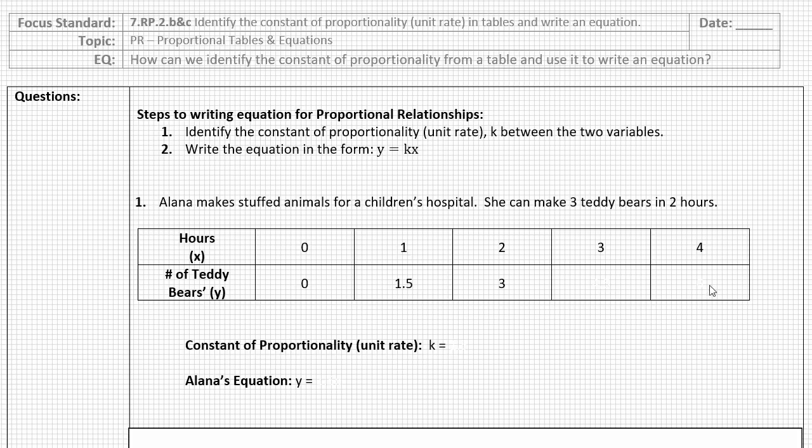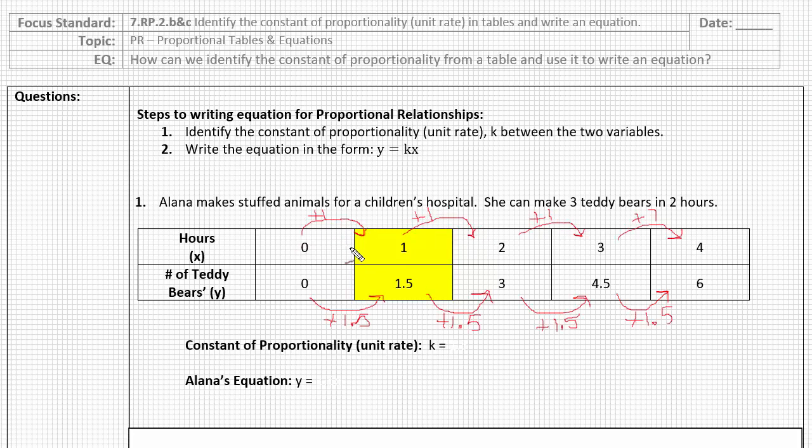So in 3 hours and 4 hours, how many does she make? That's right. In 3 hours she'd make 4.5 teddy bears, and in 4 hours she would make 6. Can you identify where in this table we see her unit rate? Yeah, right here. Every hour she is making 1.5 teddy bears, and if we look, because the hours goes up by 1 each time, we also notice that the number of teddy bears increases by 1.5 each time.